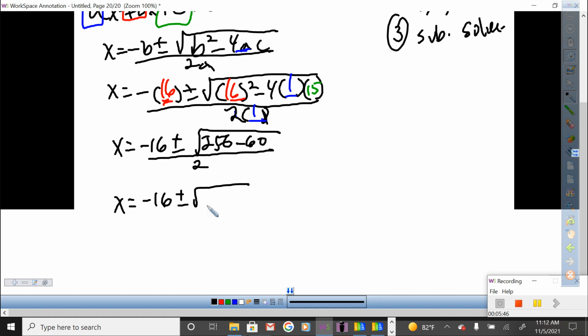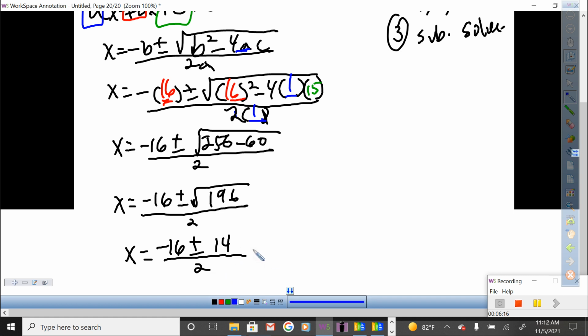What is 256 minus 60? 196, yes, over 2. We can still simplify it one more time before we write our two equations. Negative 16 plus minus, what is square root of 196? Bam, 14, let's go.